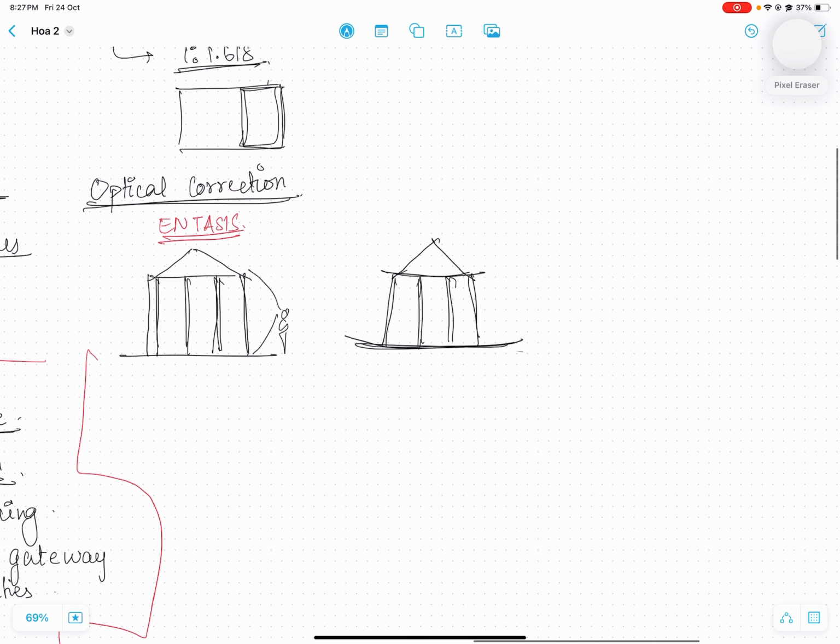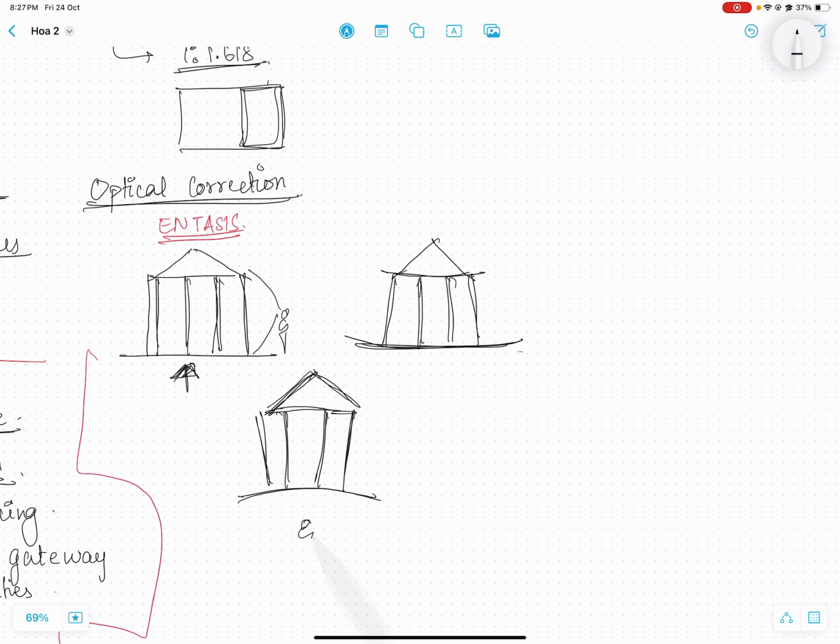Okay, so in order for it to look like this, as in straight lines and stuff, what they did is they built it this way, so that when you stand here and you look at it, it looks like this. So this was their entire idea behind optical correction. They wanted the buildings to look perpendicular, like in right angles and stuff.